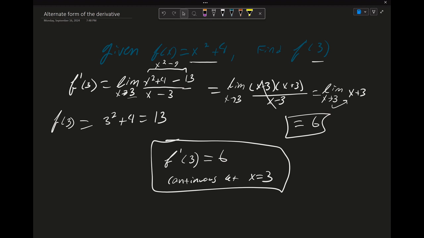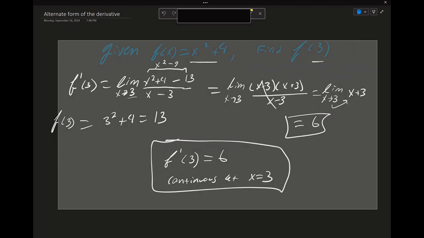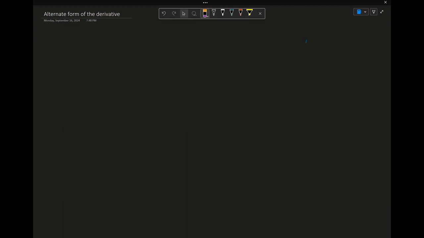Alright. So, there we go. Let's go over another little something that we know now that we have this alternate form. For a limit to exist, it has to exist from the left and from the right.